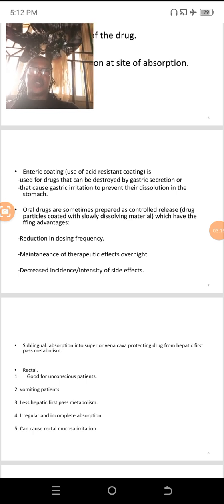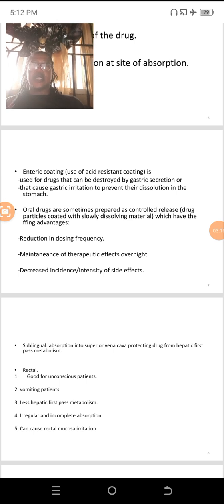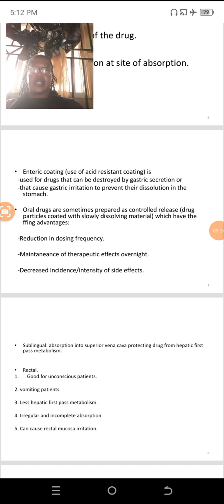And enteric coating will prevent their dissolution in the stomach so that the dissolution will take place in the small intestine. Another thing that we must note is that oral drugs are sometimes prepared as controlled release or slow release or delayed release preparations. All of them mean the same thing.